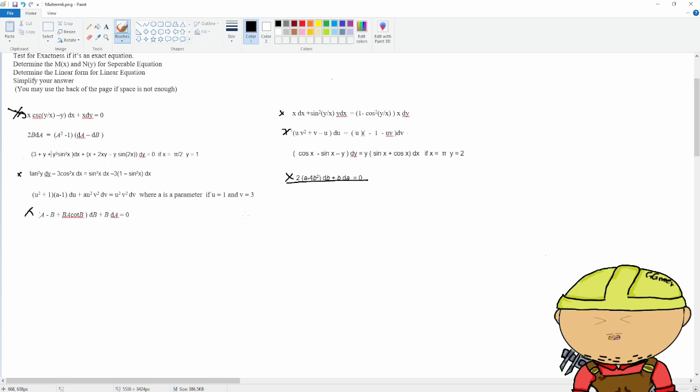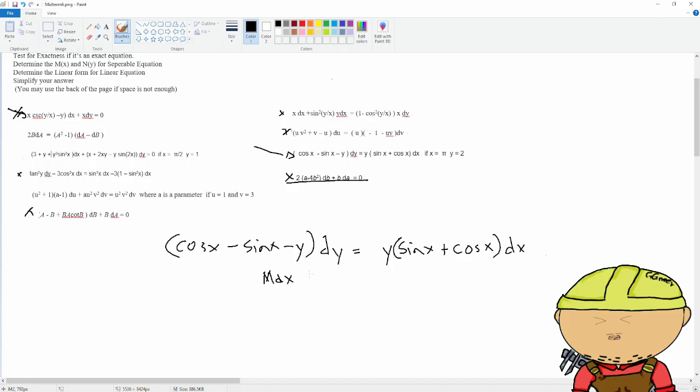Anyways, let's solve an IVP. Let's solve this one: cosine x minus sine x minus y dy is equal to y sine x cosine x. Always simplify your problem, or put it in M dx and N dy form.